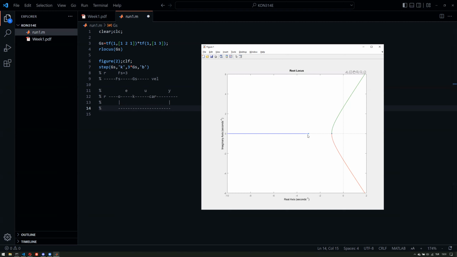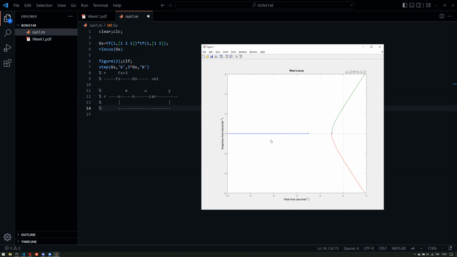And we see that we have 3 different branches. If you look closely, we have 2 poles at -1 and 1 at -3. Therefore, they start at those locations. As k increases, they depart from that point on these branches here, whereas the third pole just goes to the left.